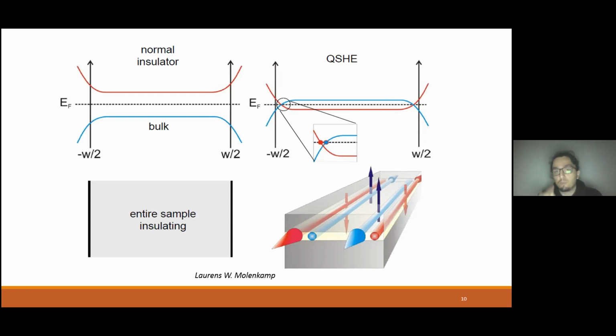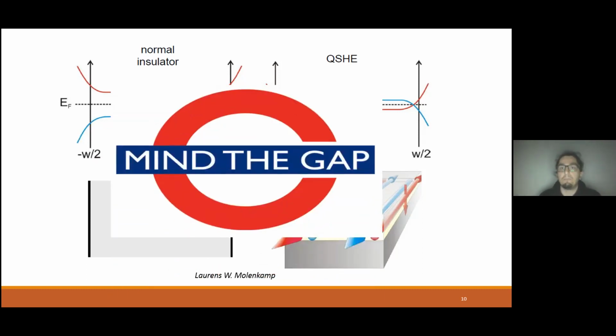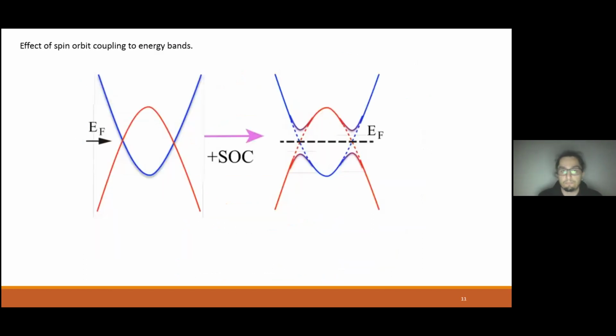The red and blue dots mean those are the conducting channels of the spins. So quantum spin Hall materials act as an insulator in their bulk, but at the edge states they allow the spins to be conducted. This sounds like a miraculous idea. We should mind the gap for these kinds of materials.